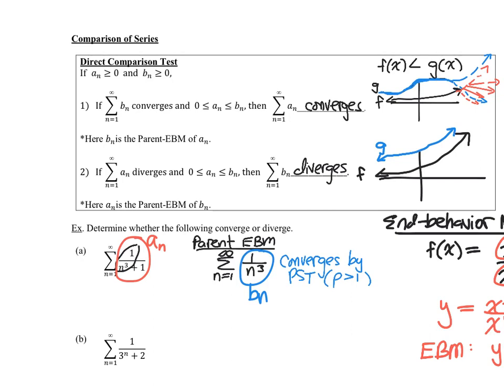So, a sub n is less than b sub n. The question would be, well, how do I know that? There are two ways you could figure it out. One, by the numbers: take some value, plug it in for n for this, plug it in for n for that, and see which one's bigger.